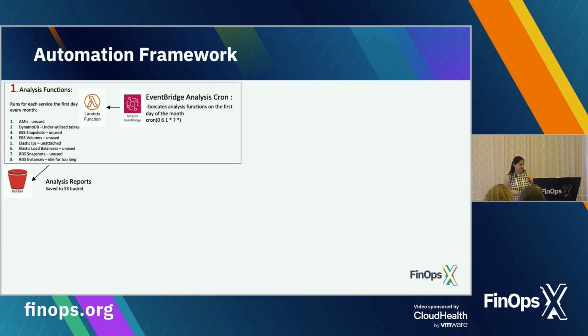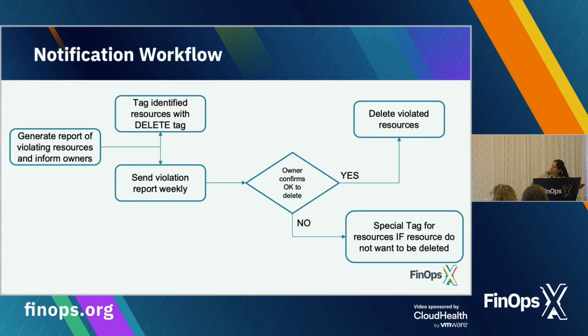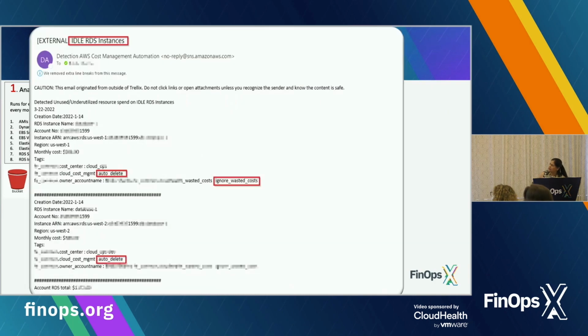Multiple people are receiving the violating resources email. A quick look at how the email looks that they receive. The point to note here is that resources are assigned the special automated delete tag, and if they want to ignore it, they assign the ignore tag.